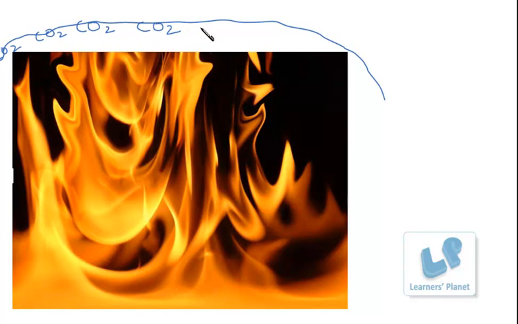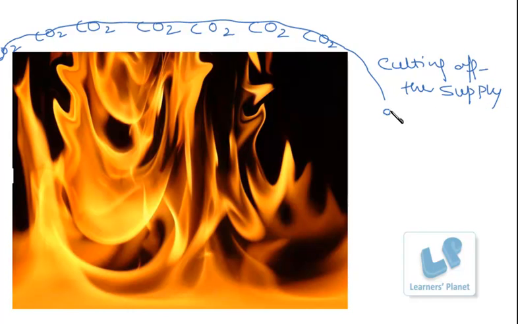By forming this blanket, what is it doing? It is cutting off the supply of oxygen. Combustion or fire or burning is due to the reaction of the substance with oxygen.